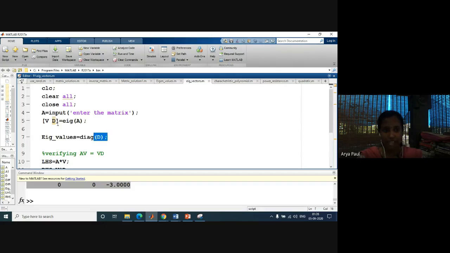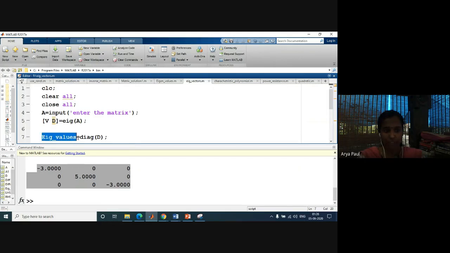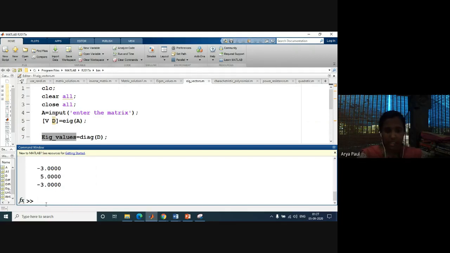Diag of this D. D is the eigenvalues represented as a matrix. So if you find diag of D, it will extract the diagonal elements of D. I will copy this variable name and show you what is diag.